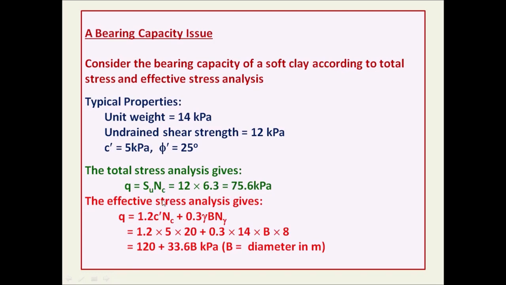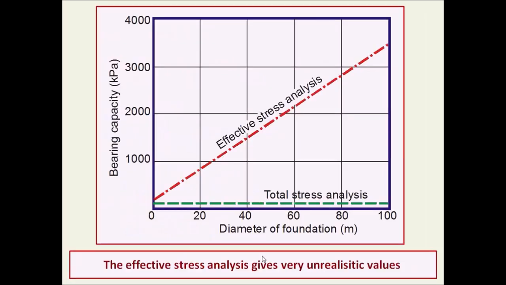The effective stress analysis comes up with this formula here, 120 plus 33.6 B, where B, this is a circular foundation apparently, where B is the diameter in meters. And those are the graphs. So your total stress analysis is giving you a value which is independent of the breadth, whereas your effective stress analysis gives you a value which rises very rapidly.